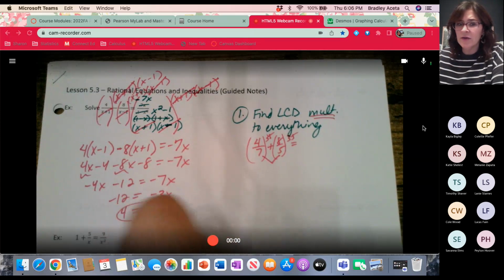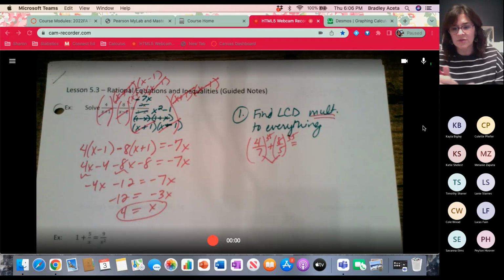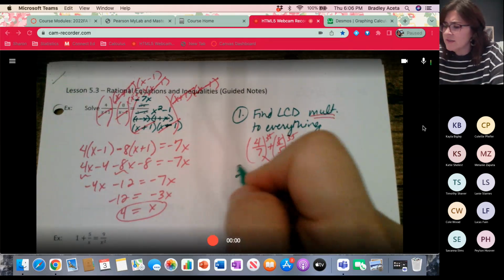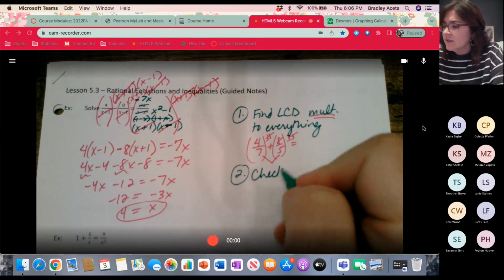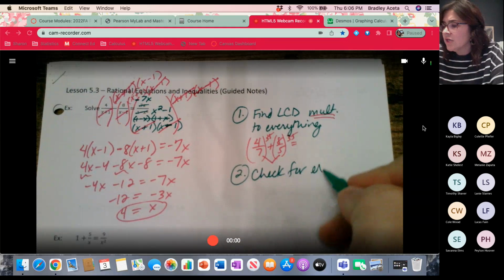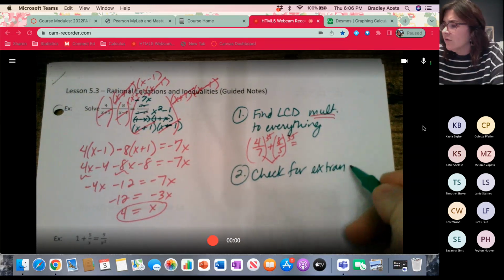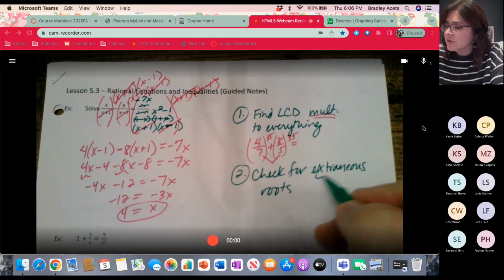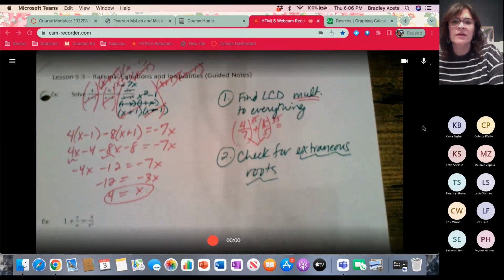All right, now be careful right here because this is the step that many students forget. You solve, you get out a nice number, you did all your lowest common denominator, but there is something called extraneous roots, and you need to check for them. Now, what is an extraneous root?